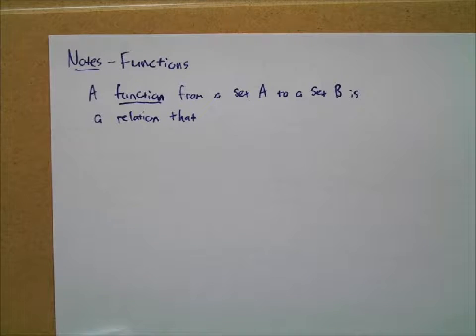There are things that are not functions. So this word relation is actually a bigger umbrella term, under which function is a subcategory. Relation means it relates two things to one another somehow, and then a function is a specific kind of relation that assigns.